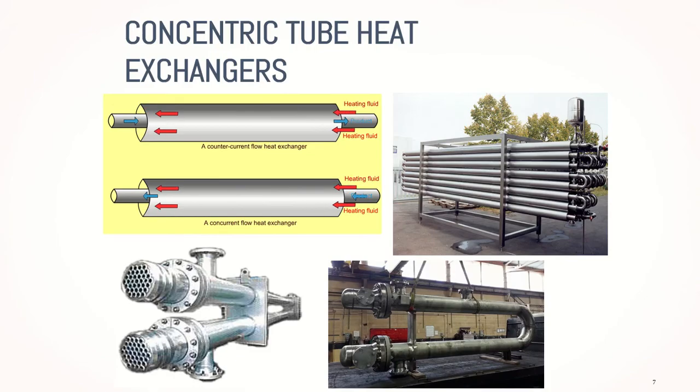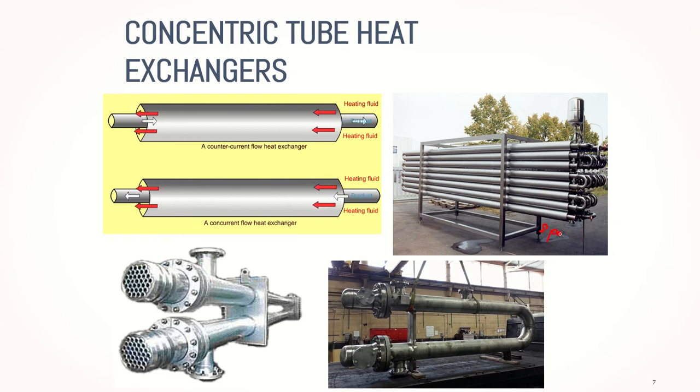So I'm going to show you an example of a concentric tube heat exchanger. This is a bundle of tube heat exchangers. Instead of having only two passes, they have 1, 2, 3, 4, 5, 6, 7, 8 passes.